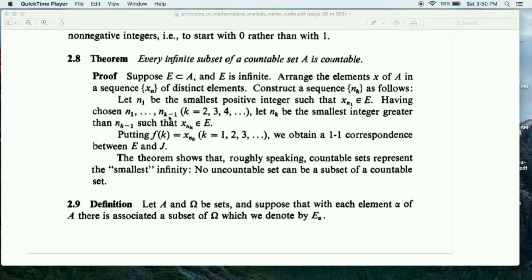And with the idea of induction, we know that this happens for every k. Thus, we get E, which is an arbitrary subset of a countable set A, and if E is infinite, then E is countable. So, every infinite subset of a countable set A is again a countable set.